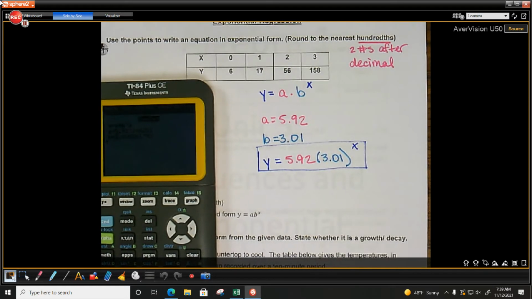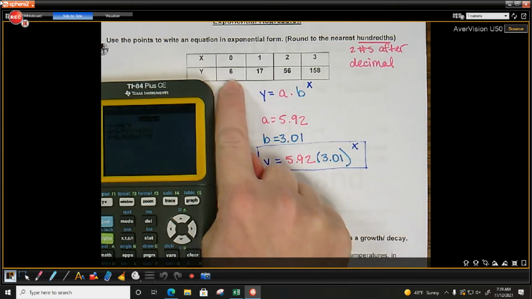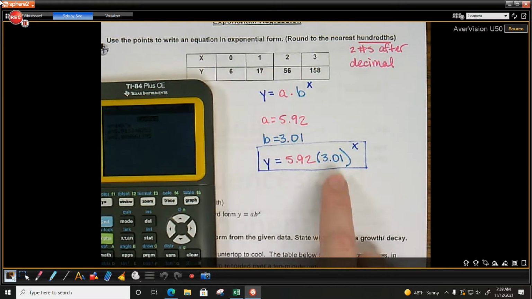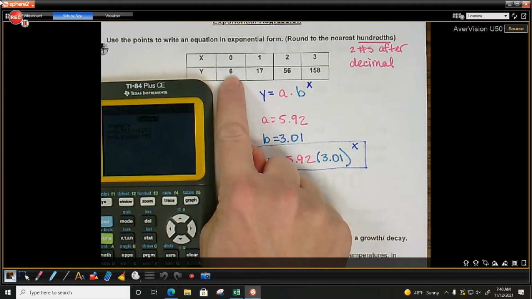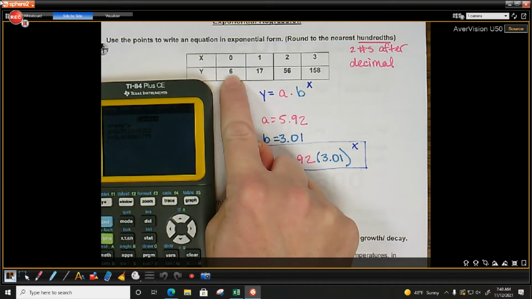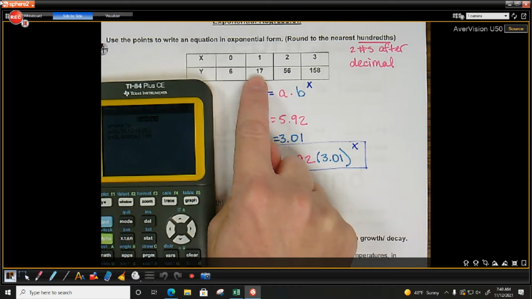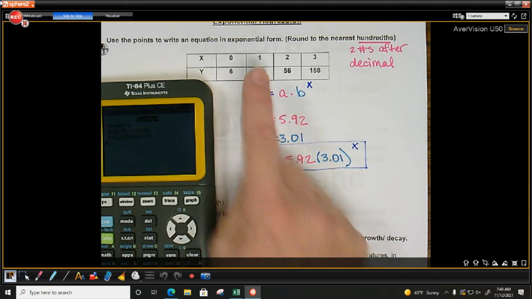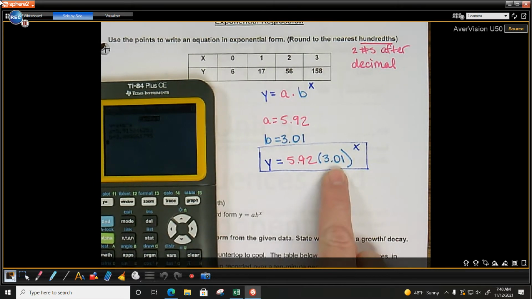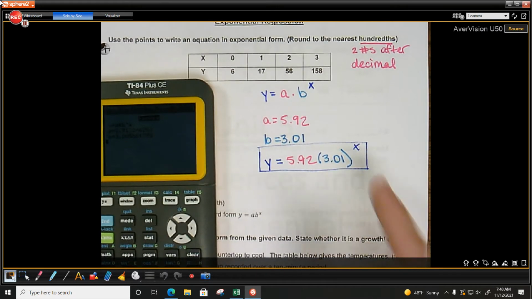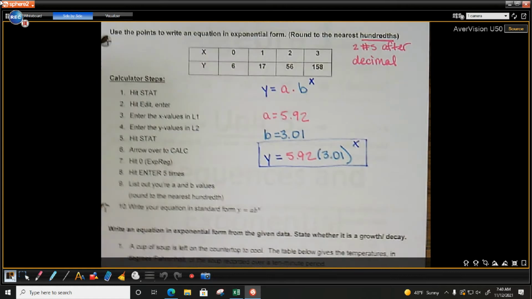We good? But that's kind of a way you can check yourself. My starting value, 5.92, is really close to where we start. We're growing. What's 6 times 3? Is that really close? Yeah, because I'm multiplying each time by 3.01, okay? We good? Okay.